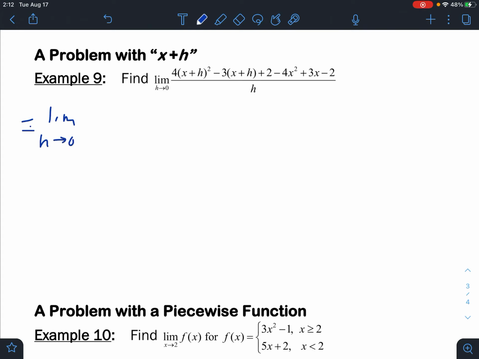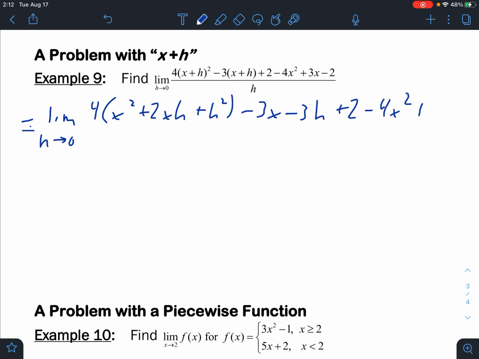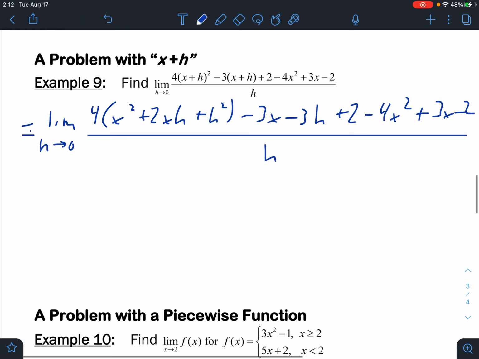Limit as h approaches 0 of 4 times x squared plus 2xh plus h squared. Distribute that negative 3. So minus 3x minus 3h plus 2 minus 4x squared plus 3x minus 2 all over h.